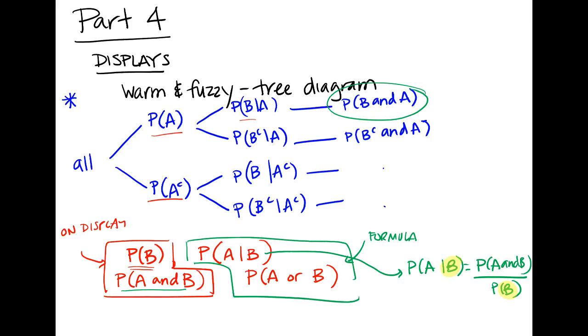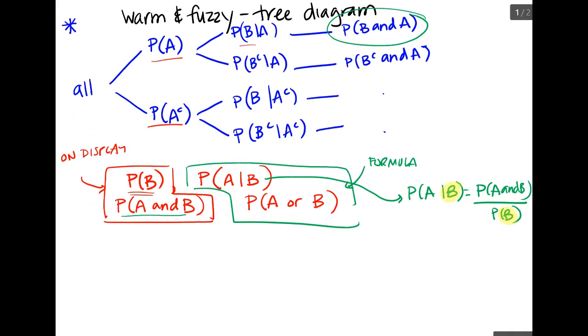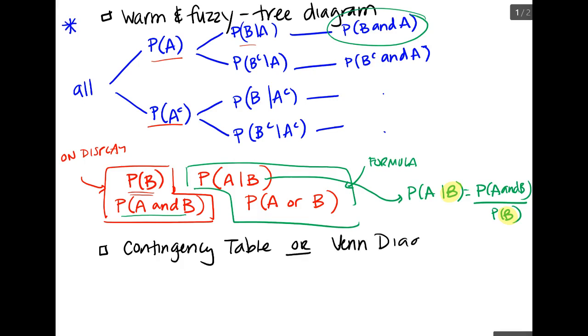You've got a lot of places to practice that. Like I said, the other thing that's guaranteed to be on exam 2 in terms of displays is either a contingency table or a Venn diagram, since they display the same thing. I could ask you about either one.